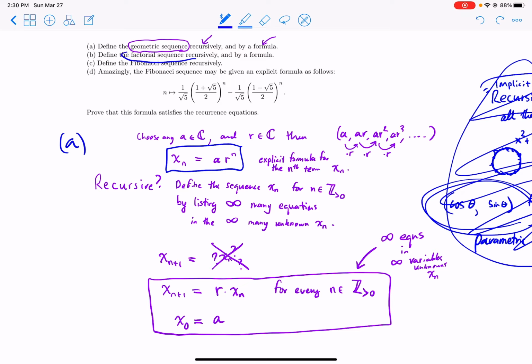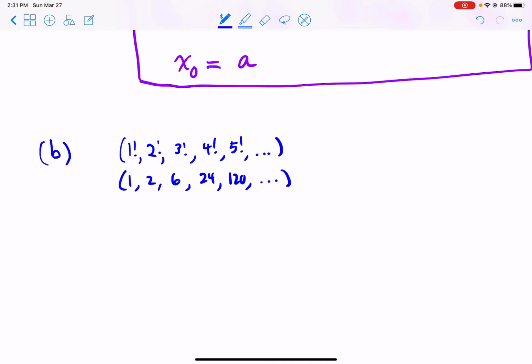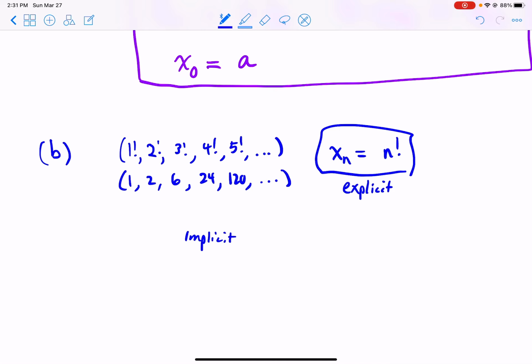Now let's define the factorial sequence recursively and explicitly. So first, I just have to remember, what is the factorial sequence? 1 factorial, 2 factorial, 3 factorial, 4 factorial, 5 factorial, dot, dot, dot. In other words, 1, 2, 6, 24, 120, dot, dot, dot. And explicitly, x sub n is just n factorial. So this is the explicit formula. And then what about the implicit, also called recursive definition?